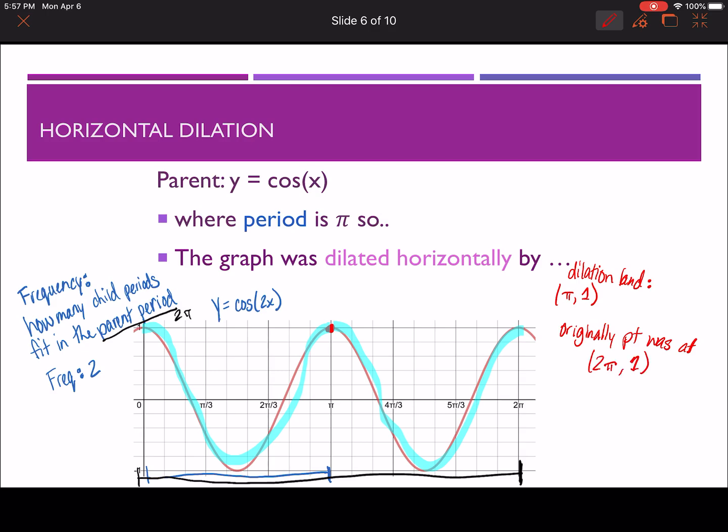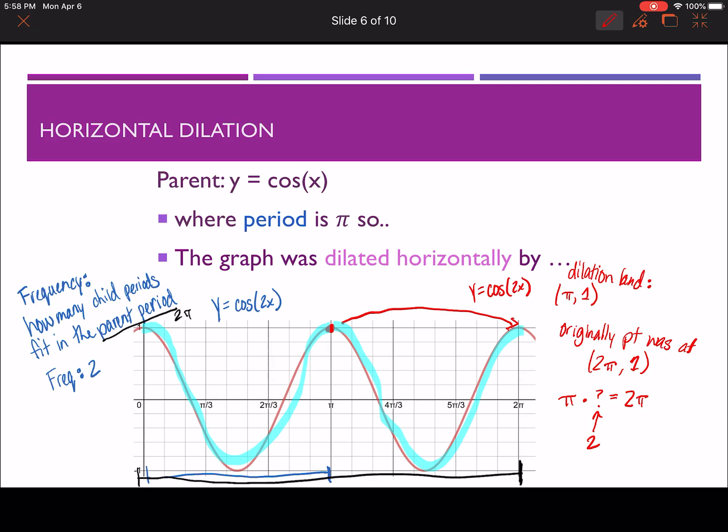So, similarly to what we did in translation land, what we want to think about is what do I need to multiply this pi by in order to put it back where it's supposed to be, all the way out there at 2 pi. Remember, this time I'm multiplying because I'm dealing with dilations. In the previous slide, I was adding and subtracting because I was dealing with translations. But what do I need to multiply by? Well, that thing that I need to multiply by is also 2, which tells me again that my equation is cosine of 2x.